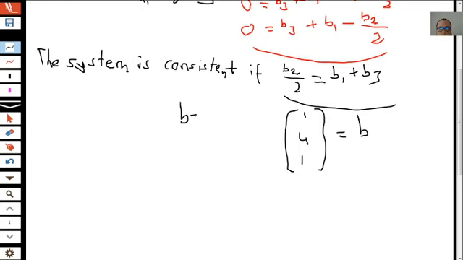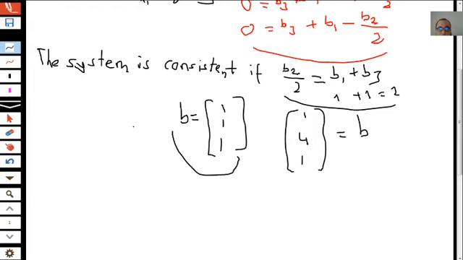So we have a solution for the system if b has the components 1, 4, 1. But let's take another b that doesn't satisfy this equality, for example 1 1 1. When we write these values into the equation, b1 is equal to 1, b3 is equal to 1, so 1 plus 1 is 2, and b2 should be equal to 4 according to this equality, but we have 1 here, so we cannot take this vector.